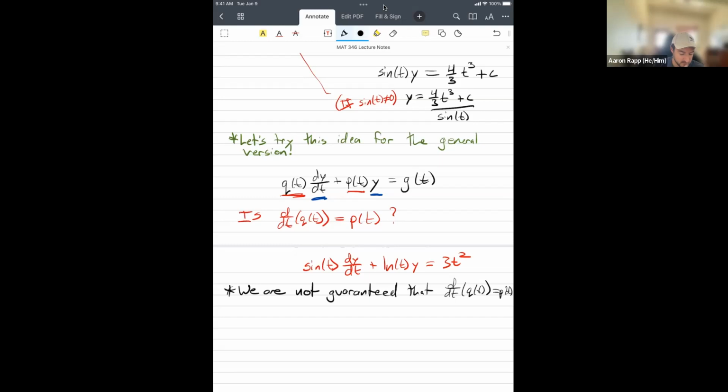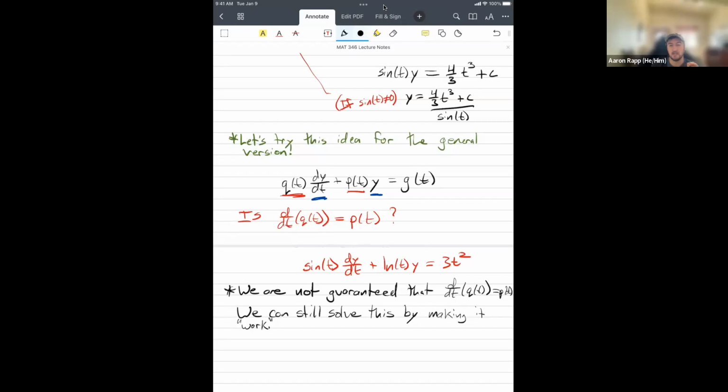But we can still solve this by making it work. And I'm putting work in quotations here, because I'll never be able to change what the derivative of Q of t is.